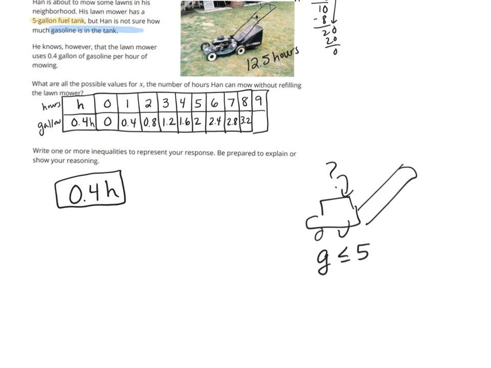If we take the rate at which it's used times the number of hours that you use the lawnmower, it has to be less than or equal to 5 gallons. That's the max that can go in the lawnmower, and this is the rate at which it's being used. So this inequality is going to be one inequality that combines all of our thoughts.